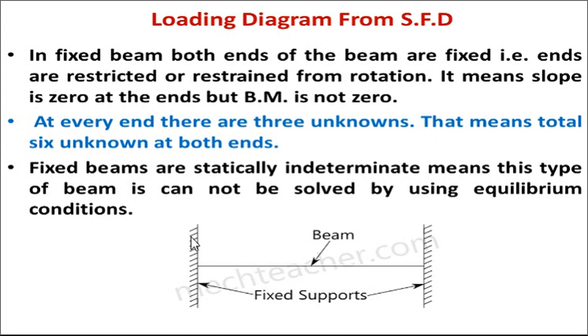So fixed beams are statically indeterminate, meaning this type of beam cannot be solved by using equilibrium conditions. If the unknowns are more than 3, it is not possible to solve by the equilibrium conditions. At that time, some more equations or conditions are needed to solve. So this is a statically indeterminate beam.